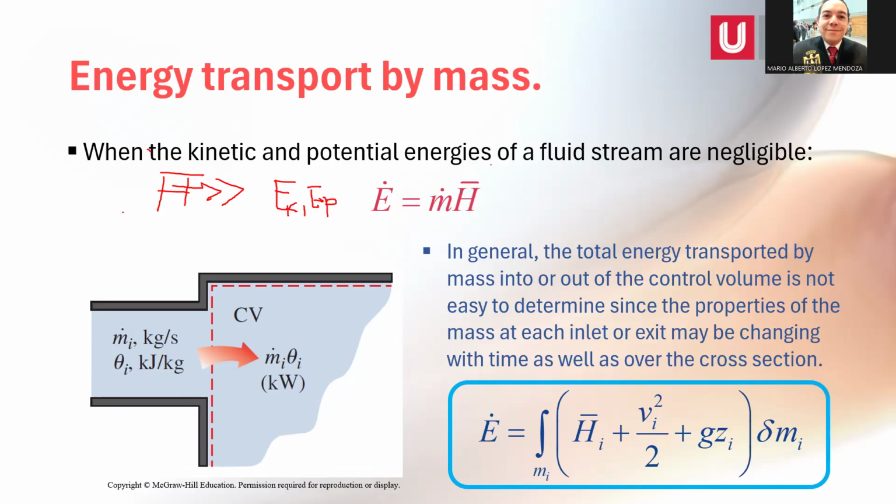In this case, we need to use integration to estimate this energy over a differential mass element, and estimate the rate of energy transfer just by the integration of all the differential elements of the fluid.